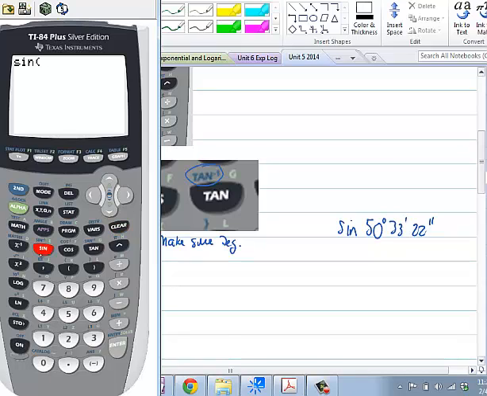Now I'll enter 50, then the degree symbol like we did in class today, then 33, then go back to the angle symbol and choose minutes, then 22. I'll go to the alpha key and the second symbol, change back out of alpha mode, close the parenthesis, and when I hit enter, I'll get the trig ratio for that angle.